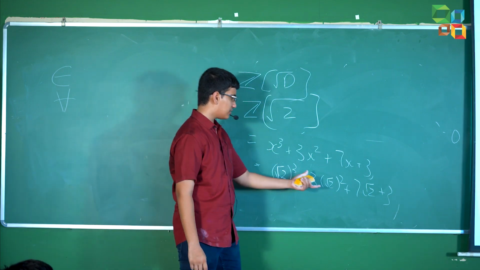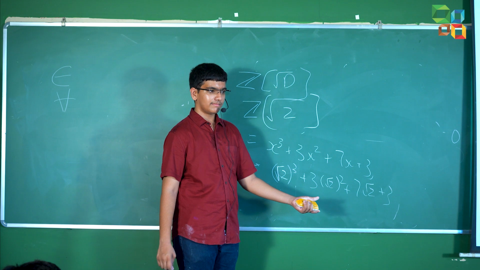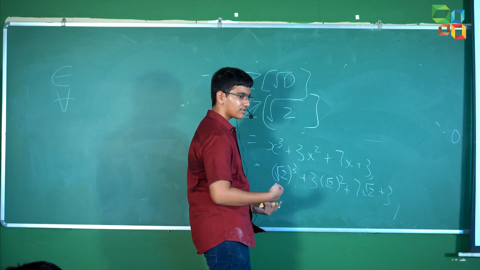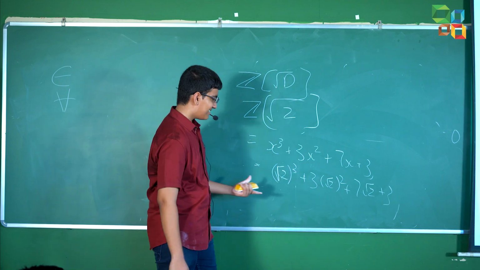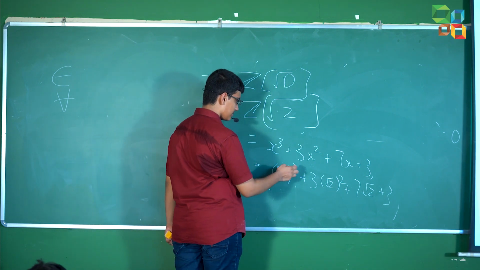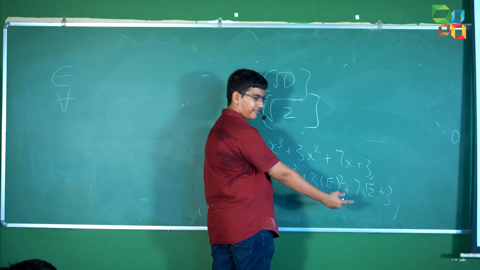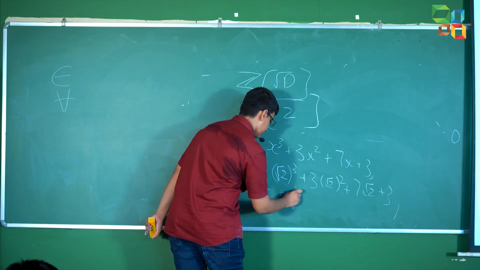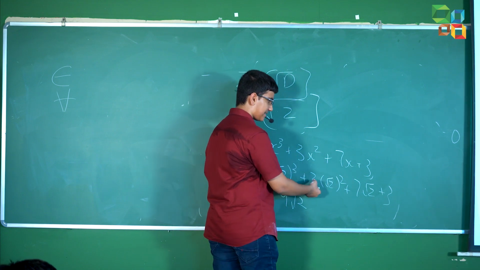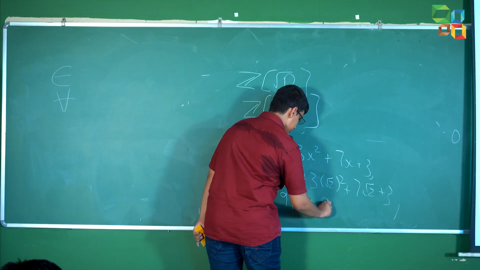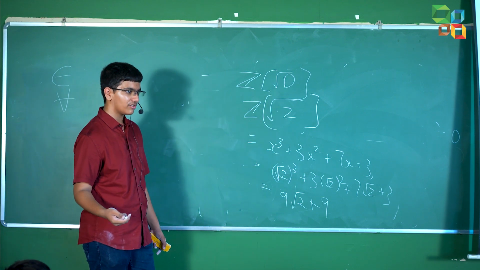What is root 2 squared? 2. What is root 2 cubed? 2 root 2. So this is just 2 root 2 and then there's a 7 root 2, so it's 9 root 2. And 3 into 2 is 6, plus 3, 9. So this is 9 plus 9 root 2.